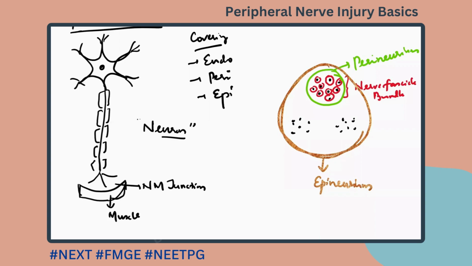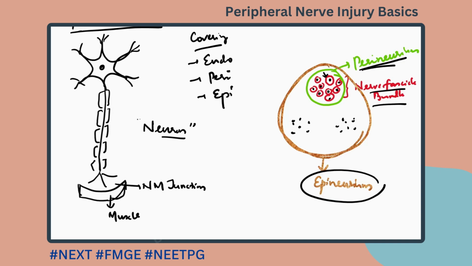Endoneurium surrounds the axon. A group of axons joins together to form the nerve fascicle or bundle, surrounded by perineurium. A number of nerve bundles are held together by epineurium. So these are the coverings of a nerve.